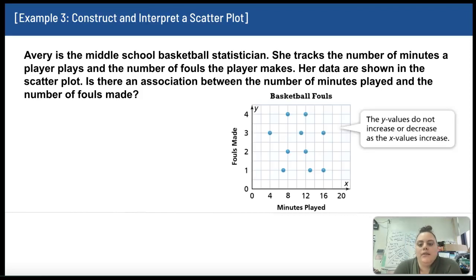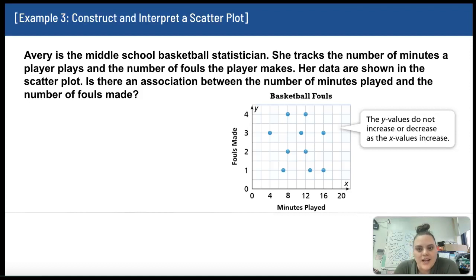So we can see here we have minutes played 0, 4, 8, 12, 16, 20. And the number of fouls people made was anywhere from 1 to 4. However, what we are seeing is that the y values do not really look like they're increasing or decreasing, no matter what the x values do. So you could play a little bit of time or a lot of time.